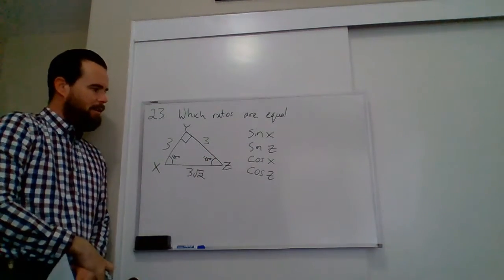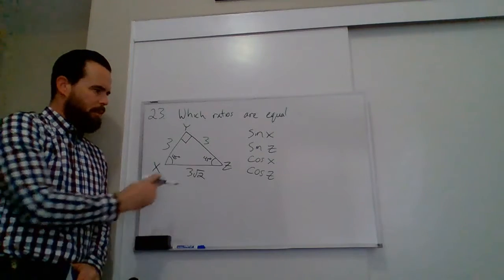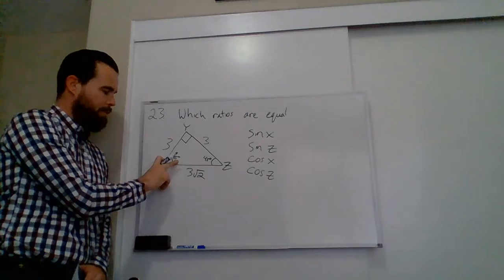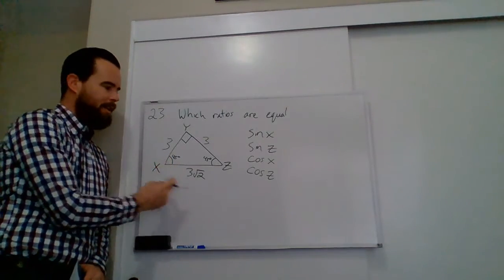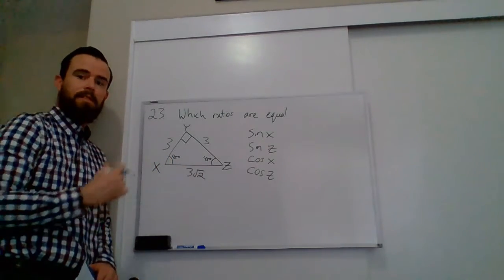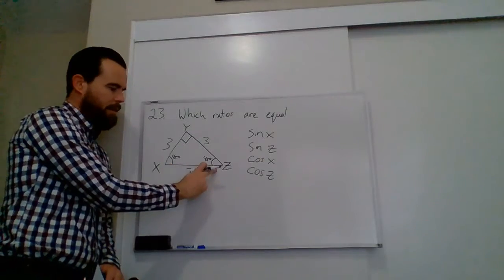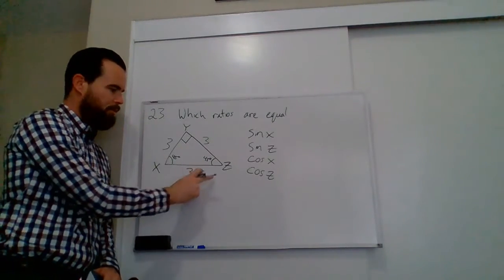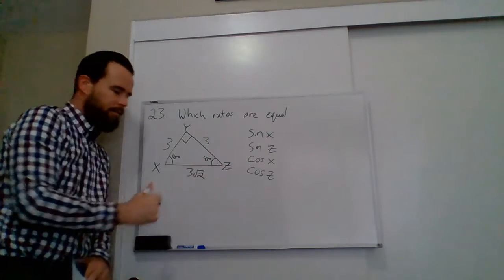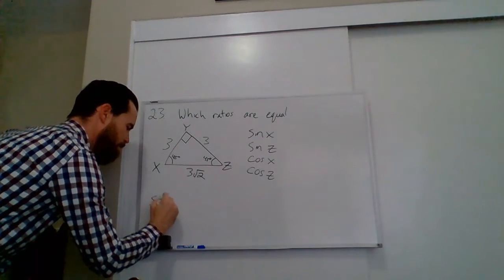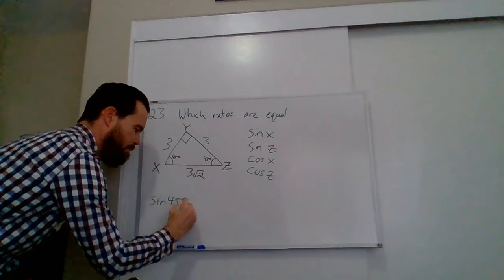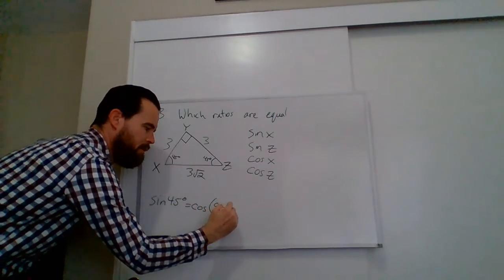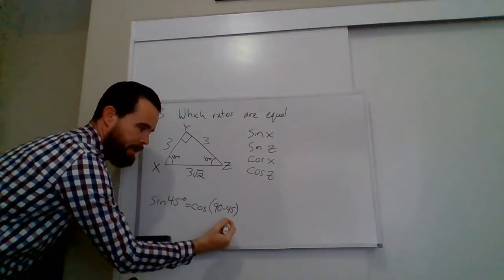All right. So remember, cosine of an angle is equal to the sine of its complementary angle. So in this case, sine of 45 is equal to cosine of 45. And that's just because 90 minus 45 is 45.